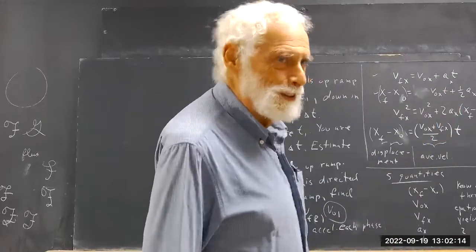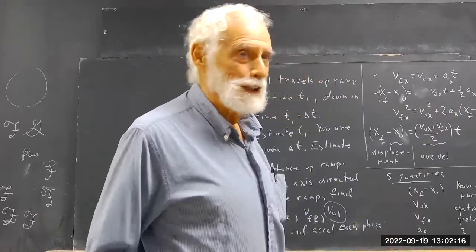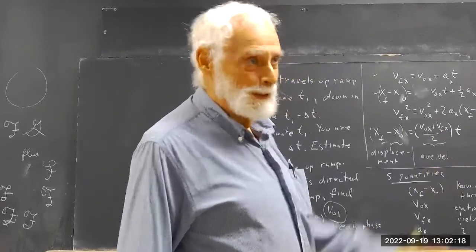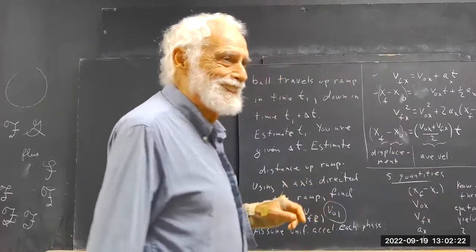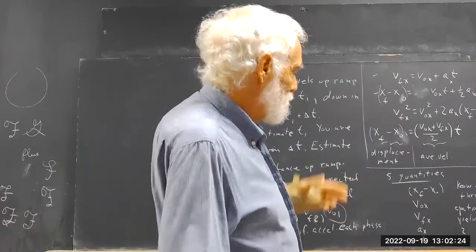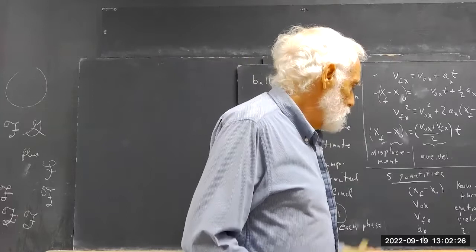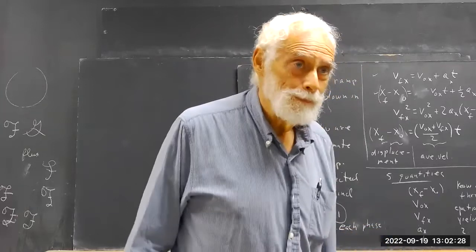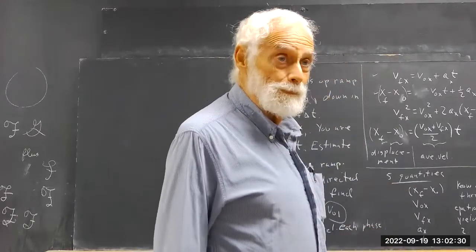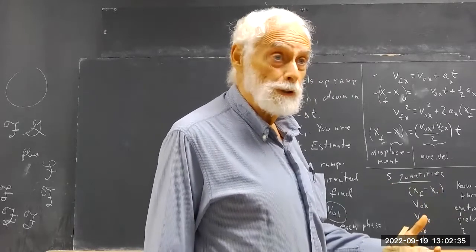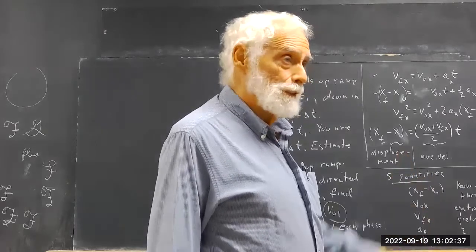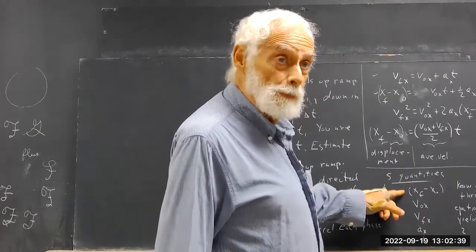Now you're shaking your heads. I can interpret that as a thumb, but don't confuse your thumb with your head. No, it's fine. I understand. So going up, we know the displacement. Do we know the displacement going down? Yeah, we know the displacement both times.